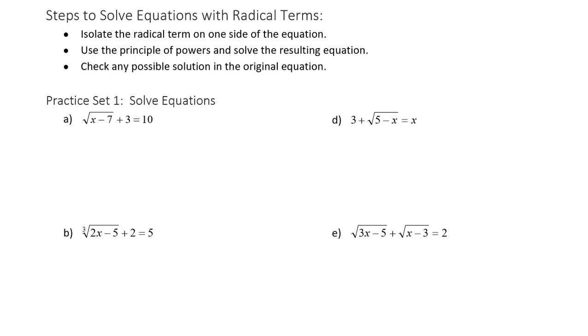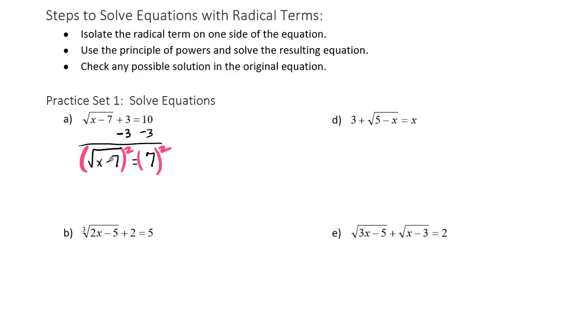So practice set 1, we need to solve these equations. The first one is the square root of x minus 7 plus 3 equals 10. We're going to isolate the radical first by subtracting 3 from both sides. When we do this, we get the square root of x minus 7 is equal to 7. Now we're going to use the power principle and raise both sides to the exponent to undo the square root.